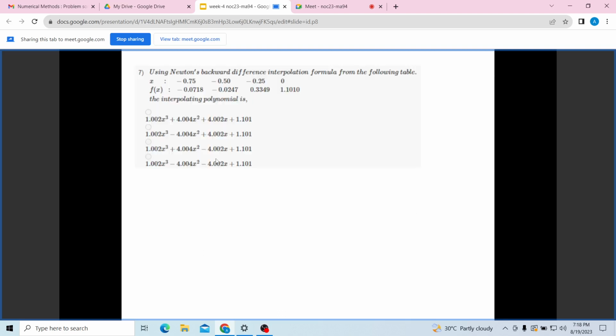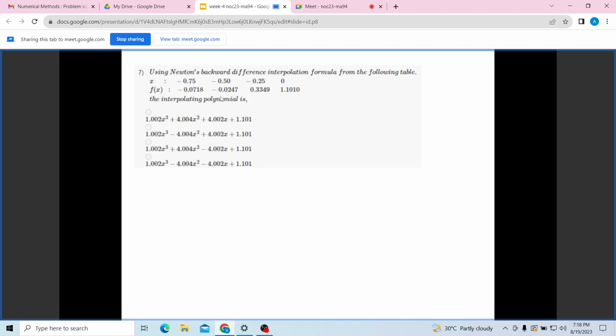So the next question is, using Newton's backward difference interpolation formula from the following table, find the interpolating polynomial. So using this table you have to find the interpolating polynomial and you have to use Newton's backward difference interpolation formula. Okay. So at x equal to minus 0.75, f of x is minus 0.0718.